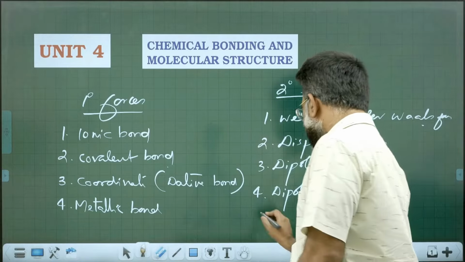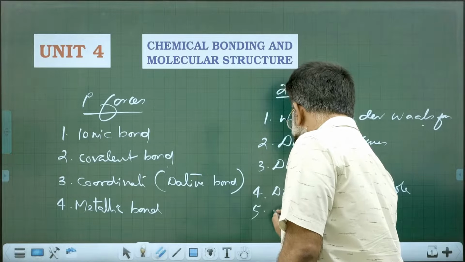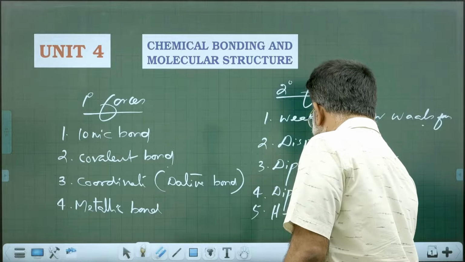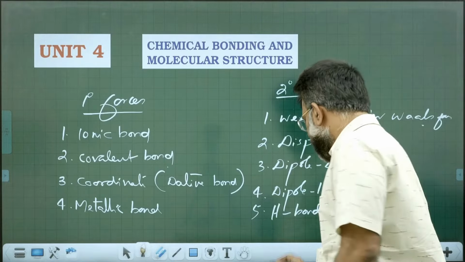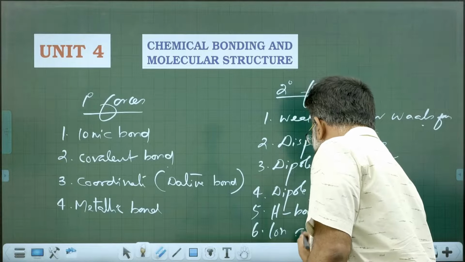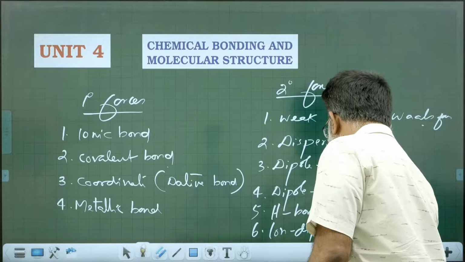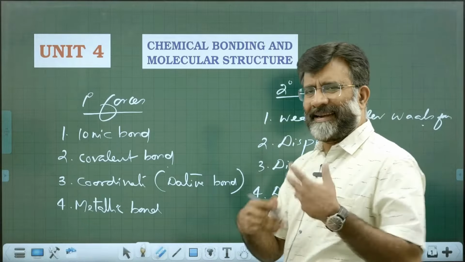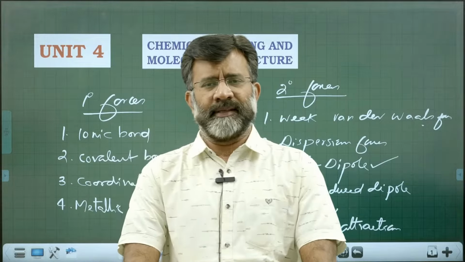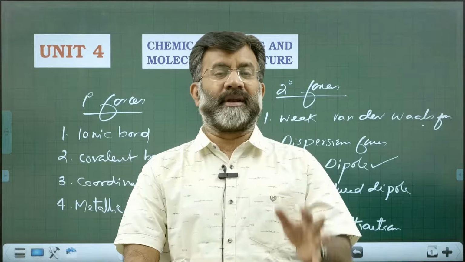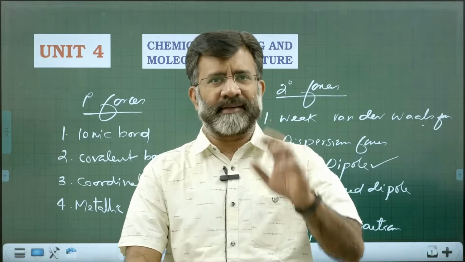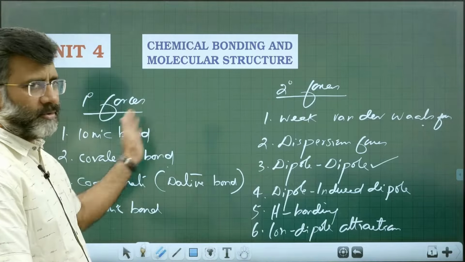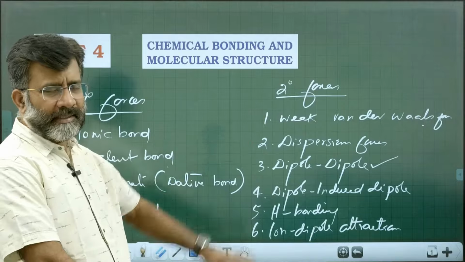Right? And then special type of dipole attraction, hydrogen bonding, and then ion dipole attraction. These are some sort of secondary characteristic bonding, that is somewhat not permanent in nature, somewhat make and break type bond, right? So we have bonding may be categorized into two segments, primary bonding and secondary bonding.